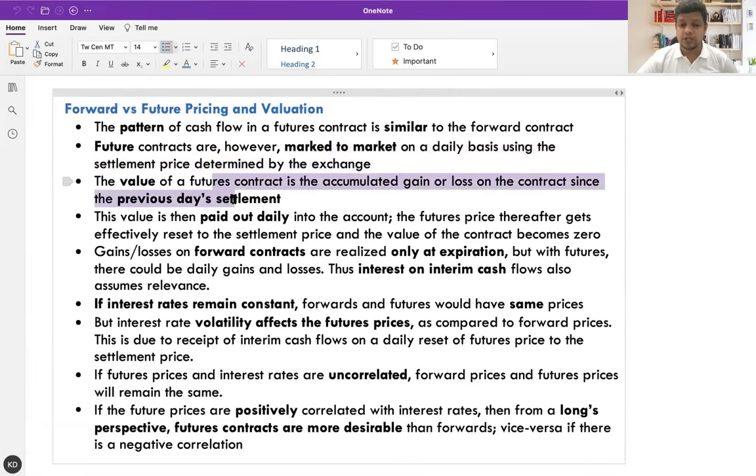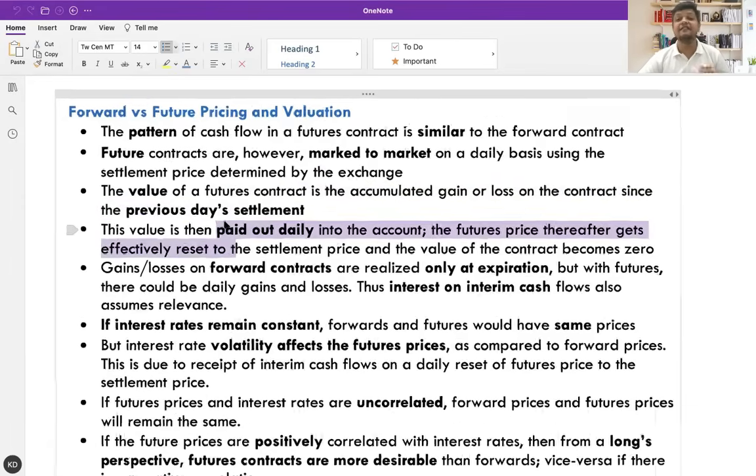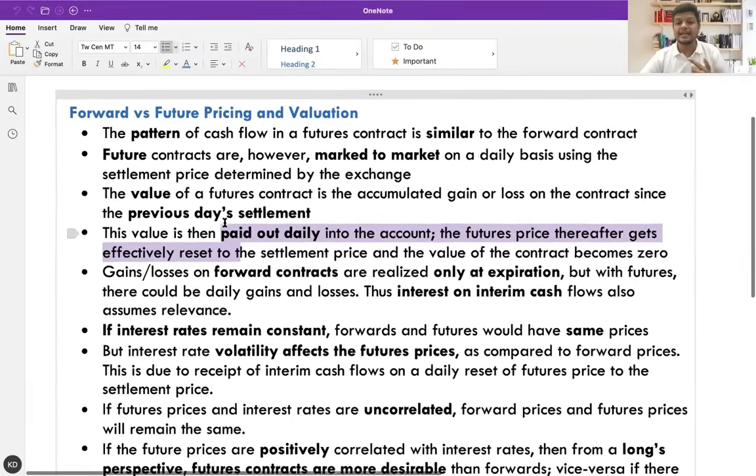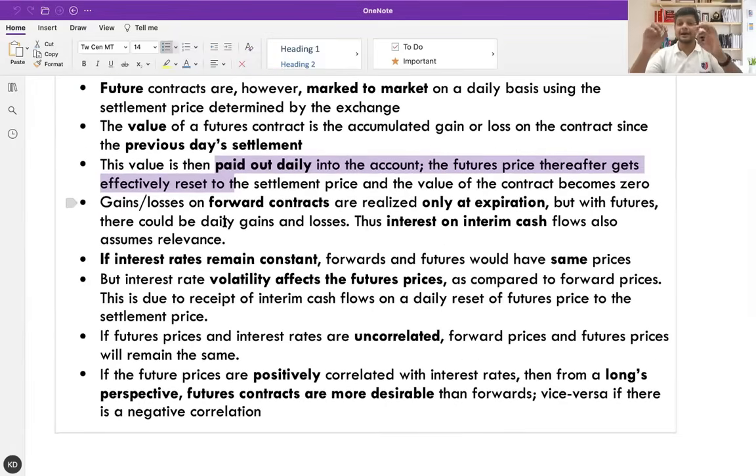You have to present this accounting daily, which is not the case in forwards. The value of the future contract is therefore whatever gain or loss has to be settled on a daily basis. The value is then paid out daily into the account. The future price thereafter gets effectively reset to the settlement price and the value of the contract becomes zero.